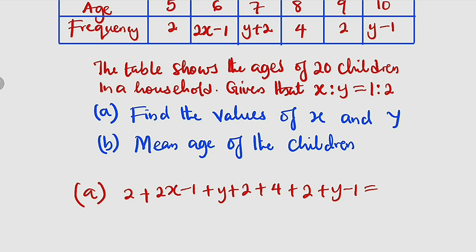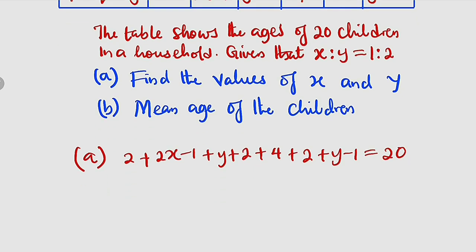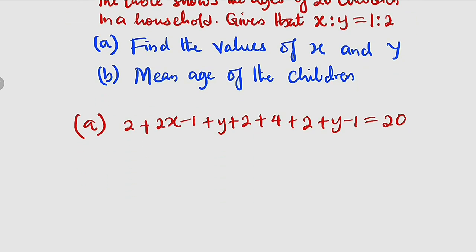The whole of this must be equal to 20, right? Let us collect the like terms. We have 2 minus 1 is 1, plus 2 is 3, plus 4 is 7, plus 2 is 9, minus 1 is 8. Therefore, the constant is 8.